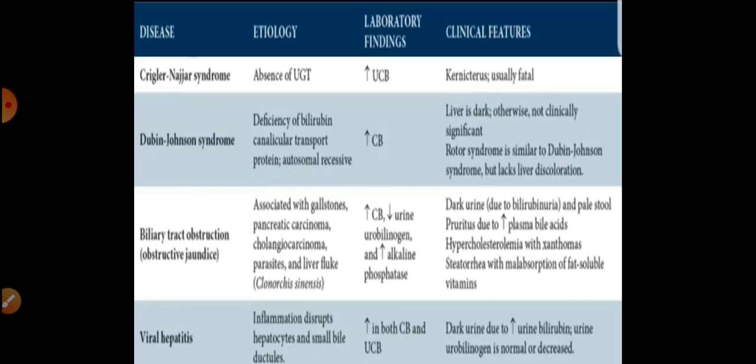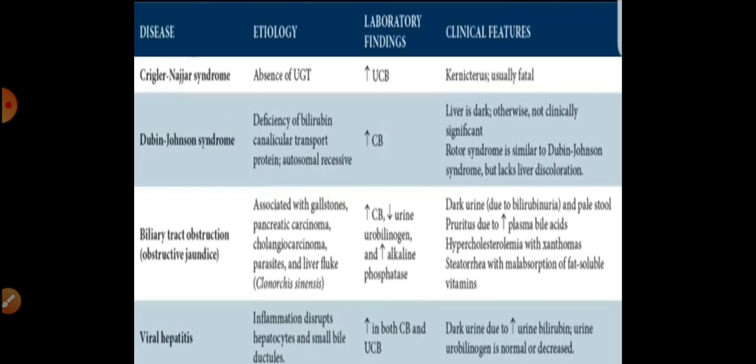Since bile is not excreted into the gut, the color of the stools is mainly because of stercobilin. The stools are pale. So, in obstructive jaundice, the patient will have icterus, pruritus due to increased bile salts, and pale, bulky stools because of absence of bile in the gut.